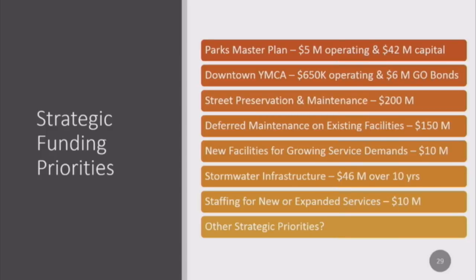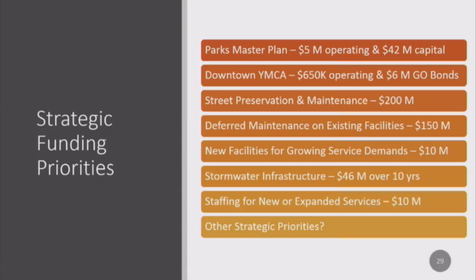But overall, it costs about $5 million a year in operating expenses to augment our current parks and recreation operations, and then about $42 million in additional capital needs. And this includes bringing up to standard our current facilities, but also adding facilities to address the future growth.